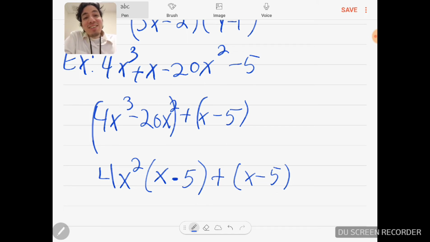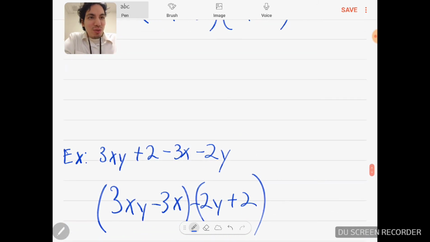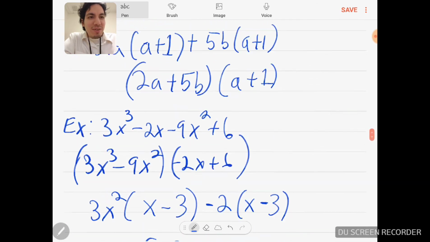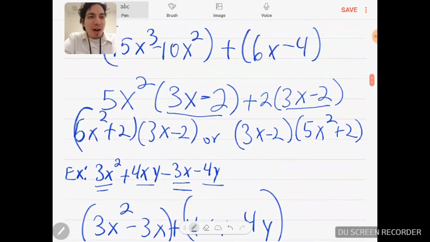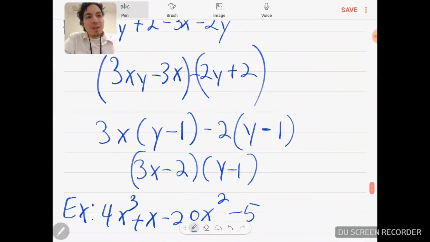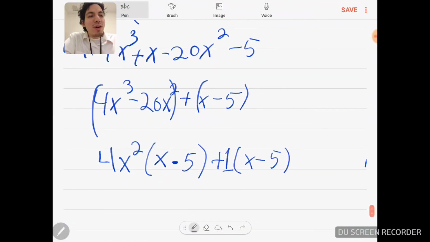Well, technically I could factor out one thing, and that is a 1. Because remember, x and negative 5, they don't have anything in common. Unlike our previous example where we had 2, we had negative 2, we had 5b, we had 4y, and so forth. So why is this one a GCF?